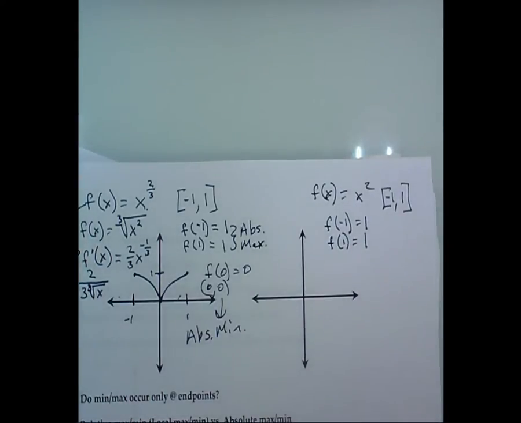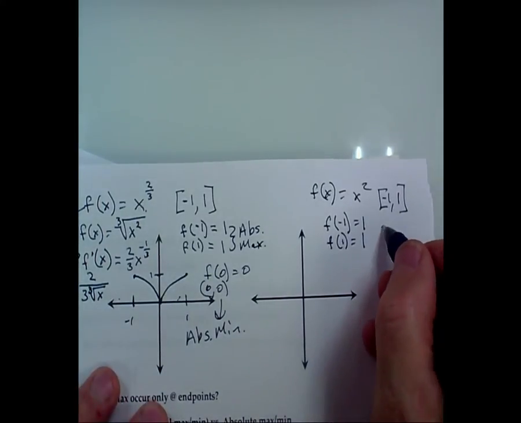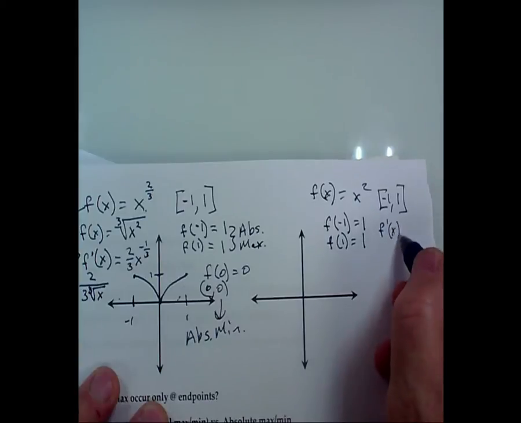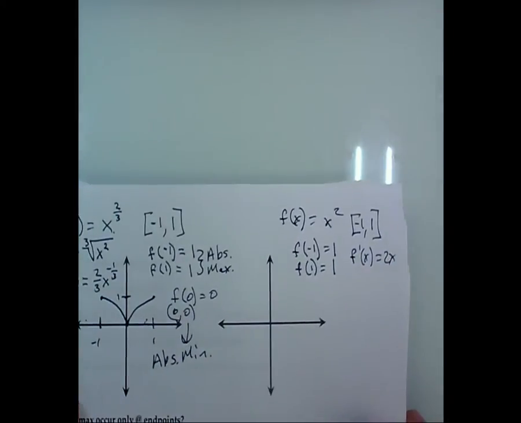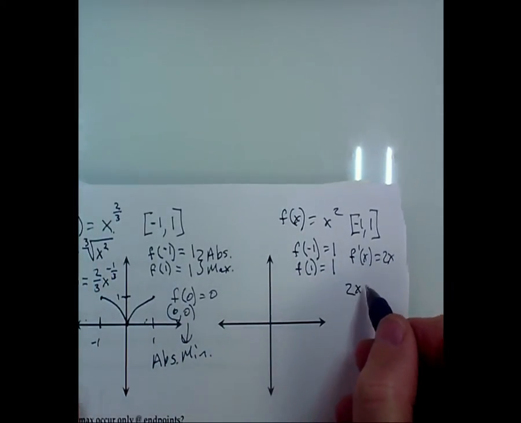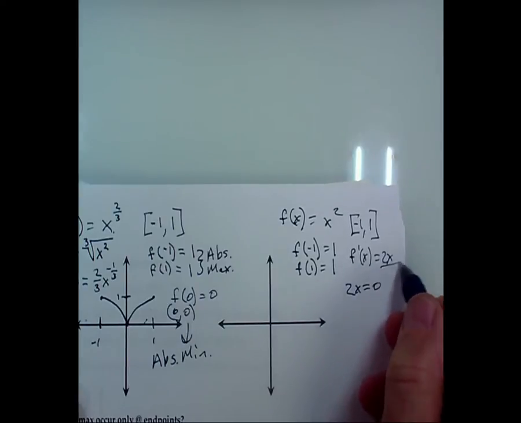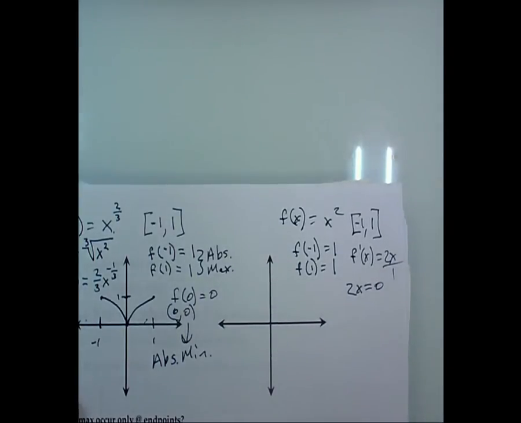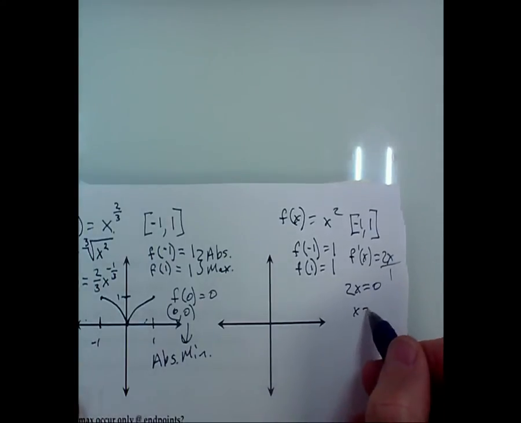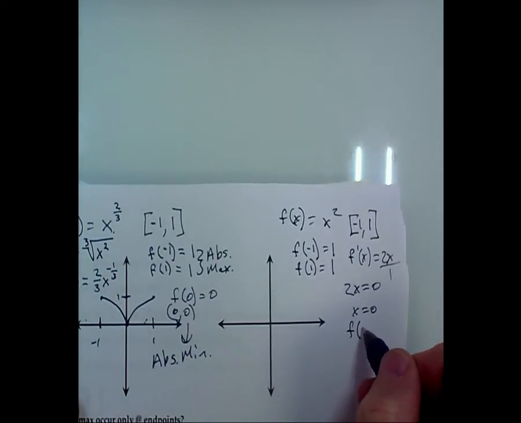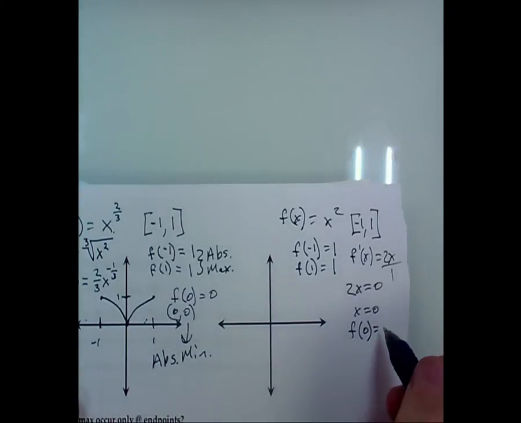Remember, I'm not looking at the whole thing, just that interval. Now I take the derivative, f prime of x is equal to 2x. I set it equal to 0 because the denominator is 1, correct? I get 0. I plug it into f, and I get 0.